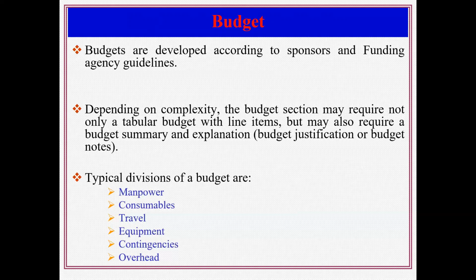The typical divisions of budgets are manpower, where you require JRF, SRF, RA, and what the remuneration is as per recent guidelines. When you require them in the first year, second year or third year, when you require JRF, SRF, RA, you clearly justify.